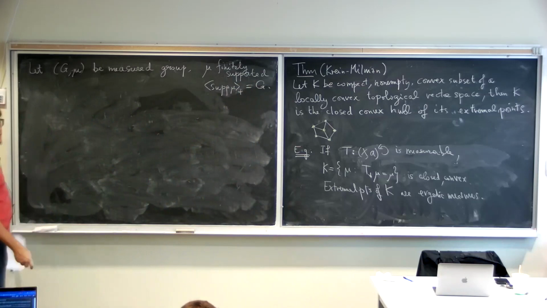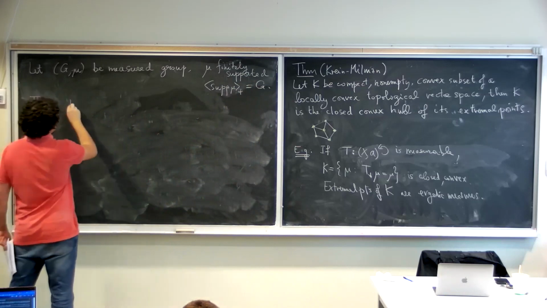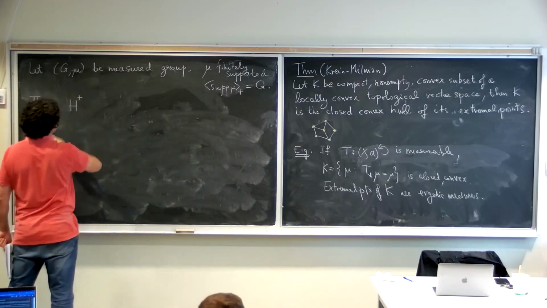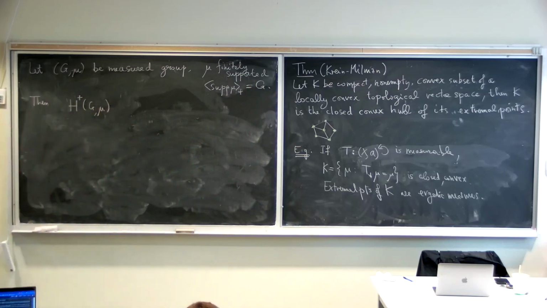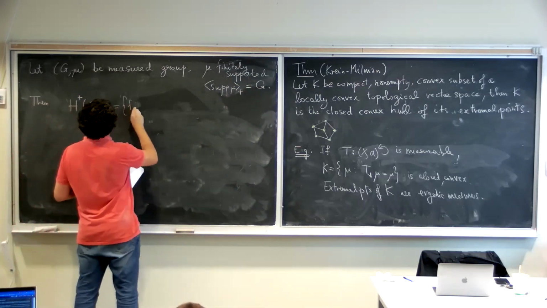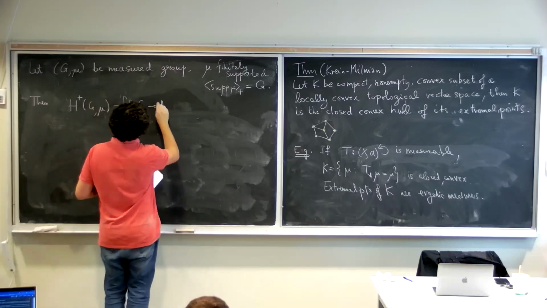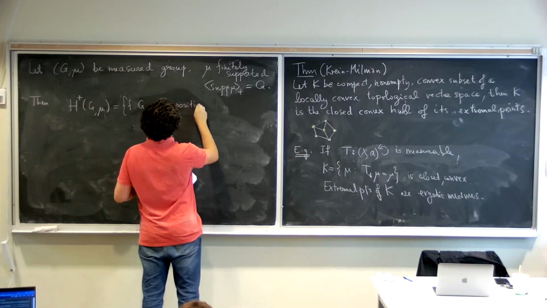Then we can look at the positive harmonic functions, H plus of (G, mu). In fact, we want some normalization as well. So let's write it like this: F from G to R positive harmonic.